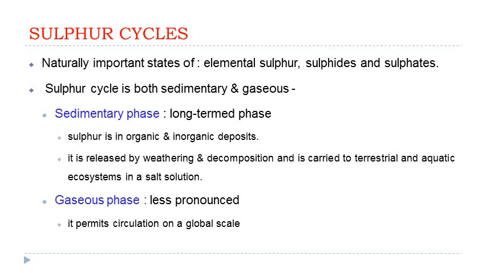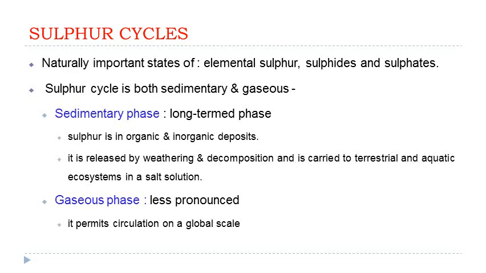Now, during the sedimentary phase, sulfur exists in inorganic and organic deposits. What does it refer to? Inorganic deposits means where it is found in rocks and soil, right? Organic deposits means the decaying, decomposing matter. And how is the sulfur trapped in the inorganic and organic deposits released to be used in the sulfur cycle?